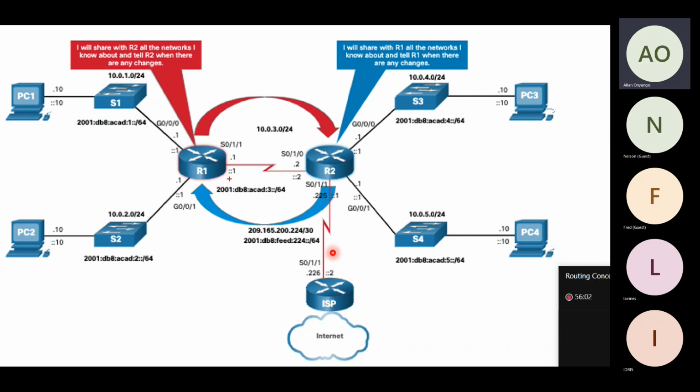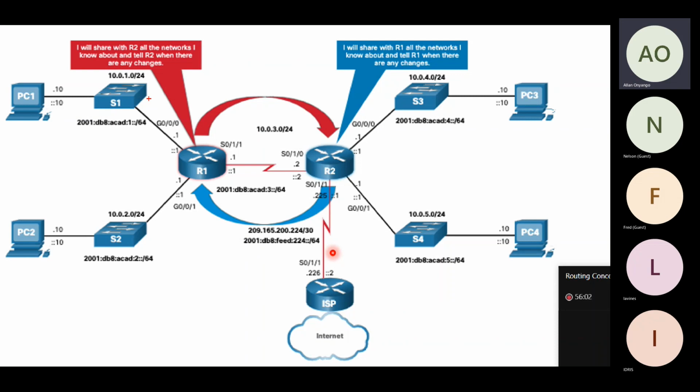And so the way dynamic routing protocols work is that once the protocol is enabled in R1 and R2, they start to talk. Listen to what R1 is saying: I will share with R2 all the networks I know about, and tell R2 when there are changes.